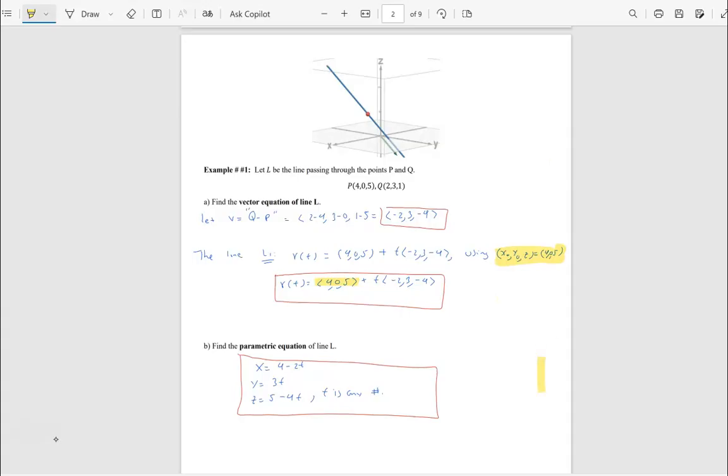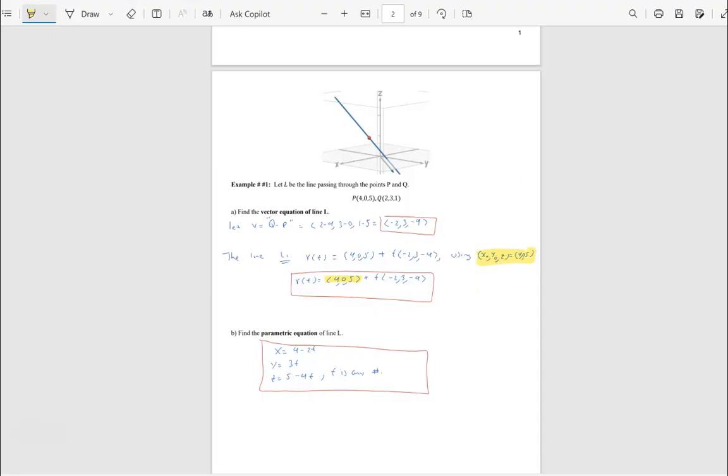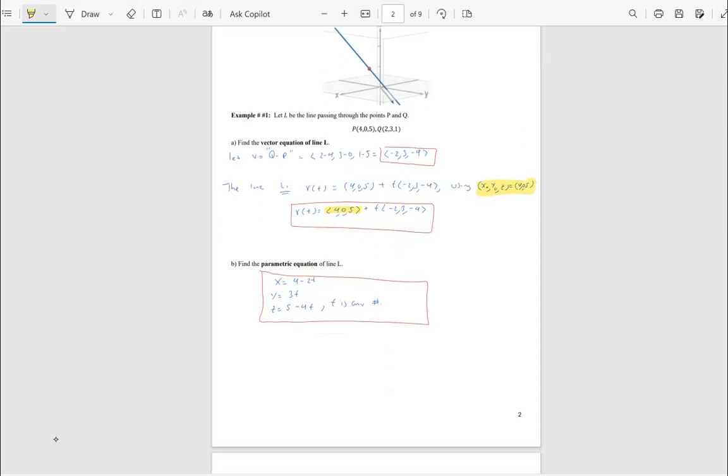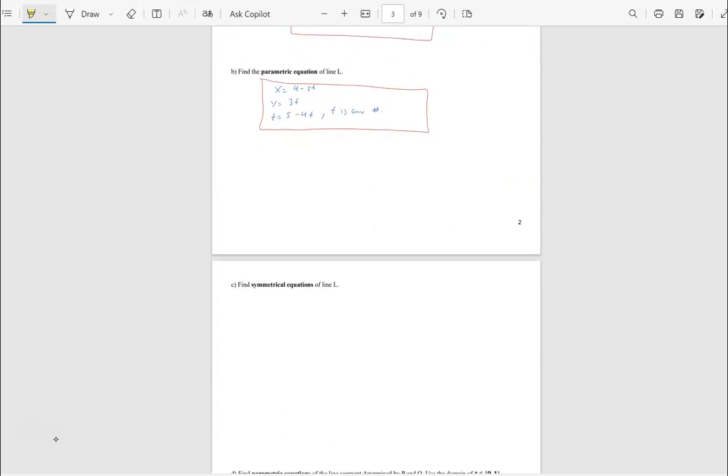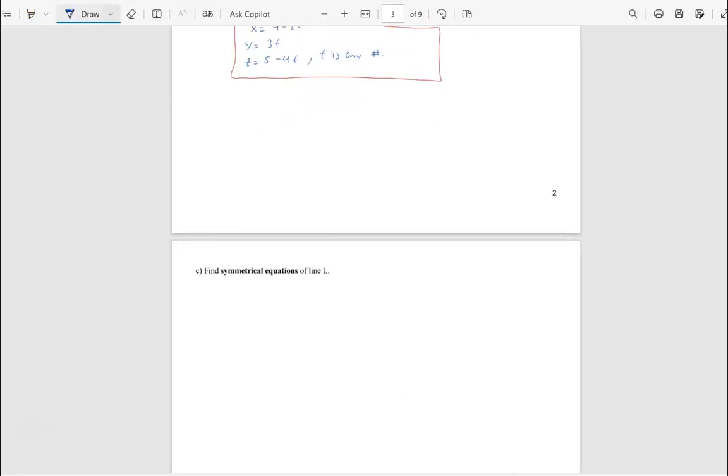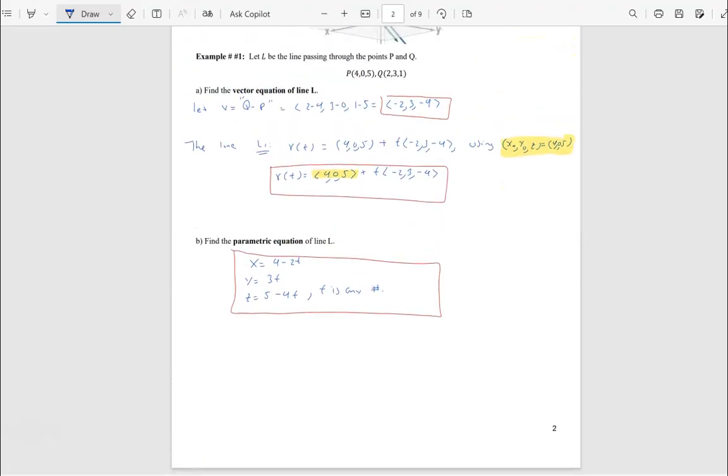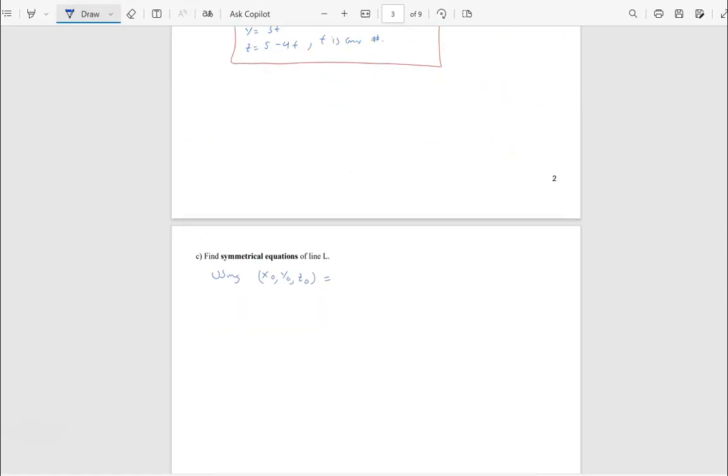So for part C, let me say that we're using x0, y0, and z0, which happens to be 4, 0, 5.